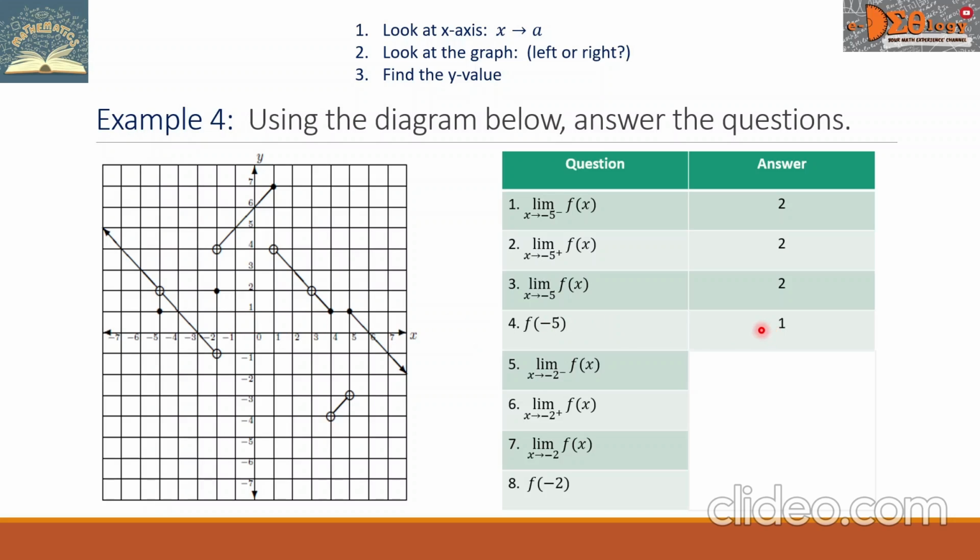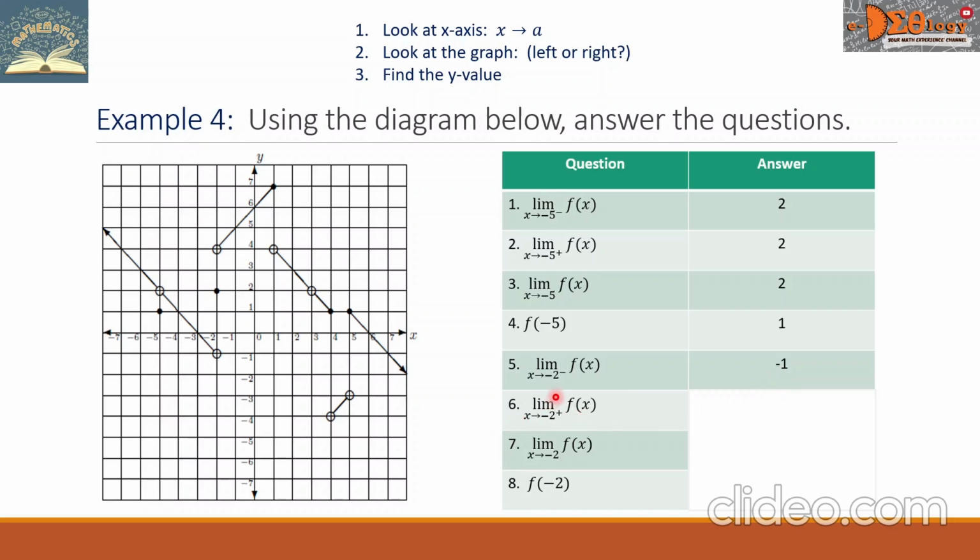So we write here 1. Number 5. Limit of the function as x approaches negative 2 from the left. Negative 2 is here. The corresponding graph when x comes close to negative 2 is here. So we will get the corresponding value as negative 1. So the answer here is negative 1.